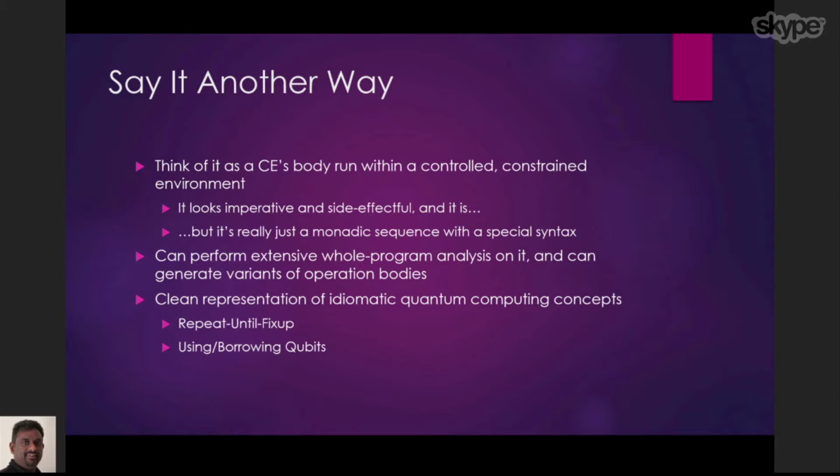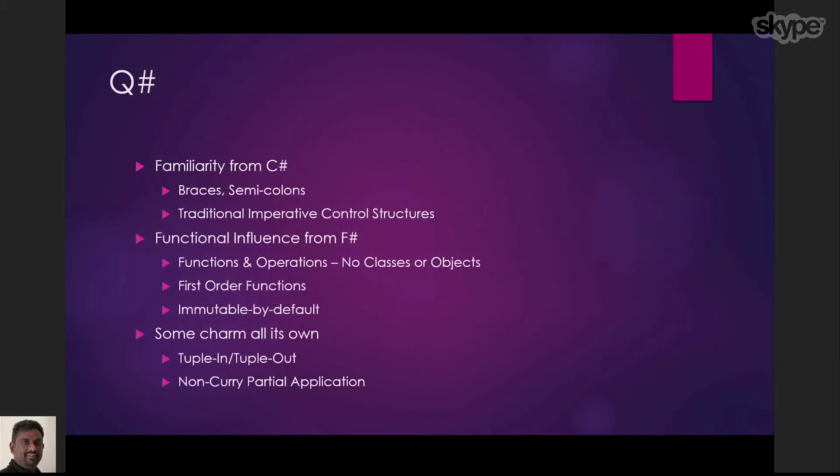And we're now able to run extensive whole program analysis on the whole program because we have full control of the compiler. So now you say, okay, you've got this whole thing, you've created a new language. How did F sharp help? How did F sharp play a role in it? Well, if you think about Q sharp, it's got some familiarity from C sharp.